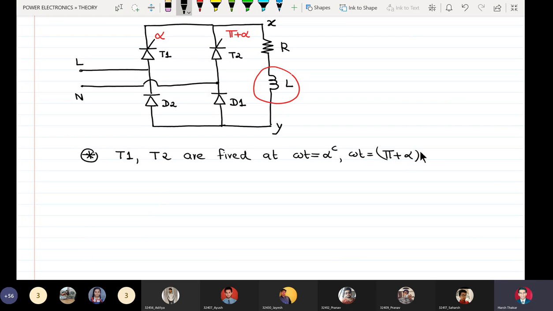Equal to pi plus alpha radians respectively. Okay, a few terminologies.